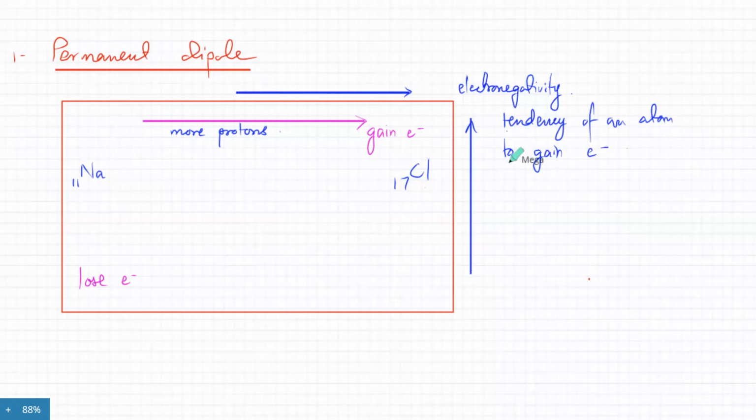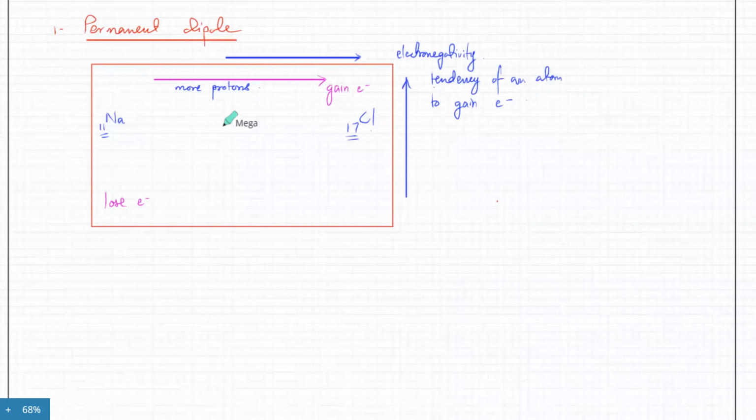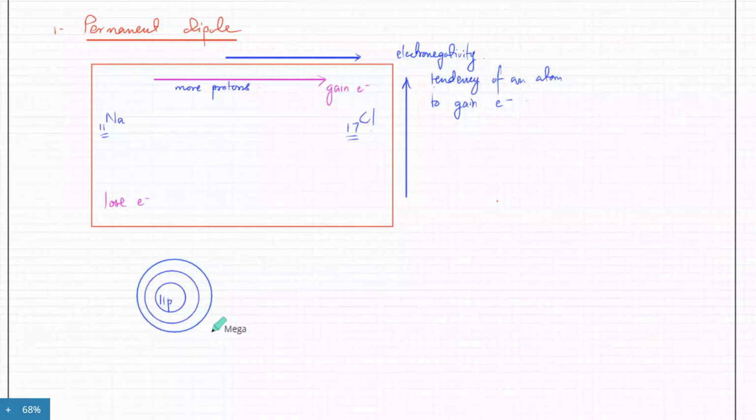So one of the factors is that when you move to the right, the nucleus of the atom has more protons, which is why there's a greater attraction for electrons. Like if I draw the sodium atom and the Cl atom, then it's fairly obvious that sodium has just 11 protons, so it's not going to be attracting its electrons that strongly.